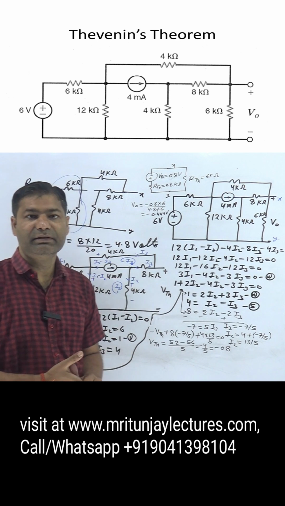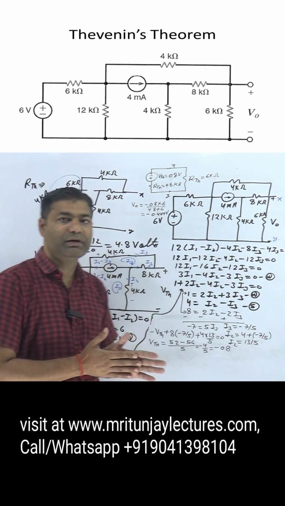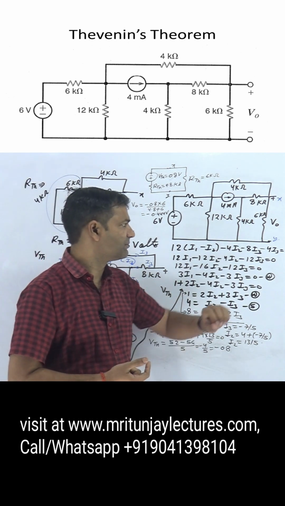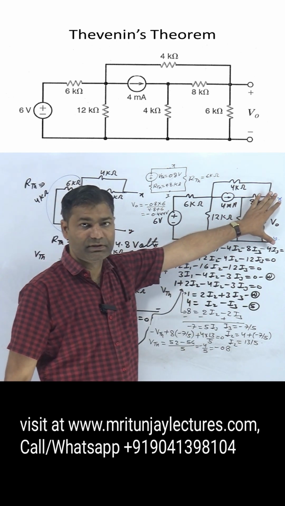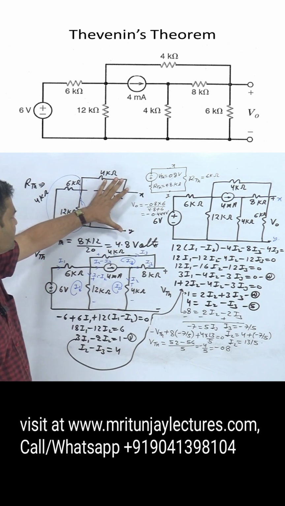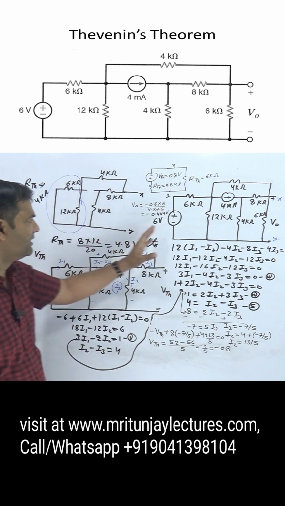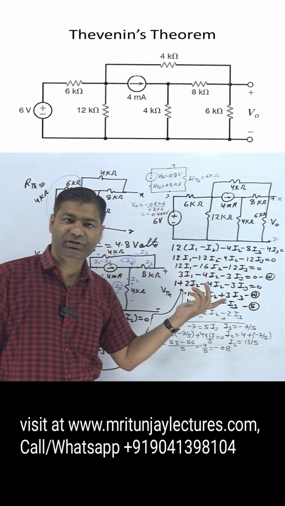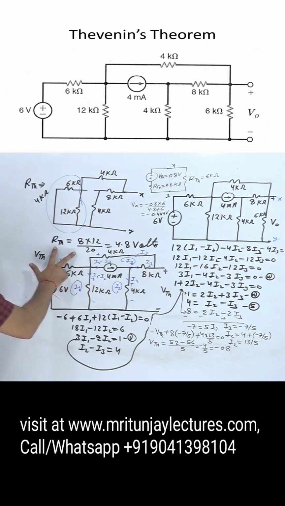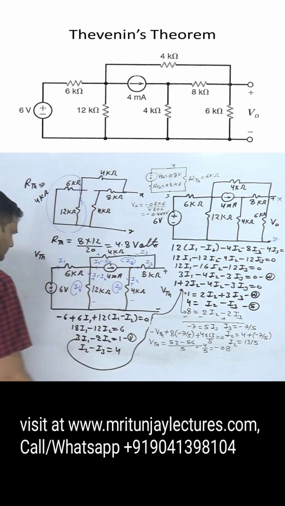Simply, our motto is to determine V naught with the help of Thevenin's theorem. So how can we determine it? First, this one is converted like this one. Follow: determine RTH like this one. All independent sources are reduced to 0. Voltage source is short circuit and current source is open circuit. After that we got RTH. Now next target is VTH.